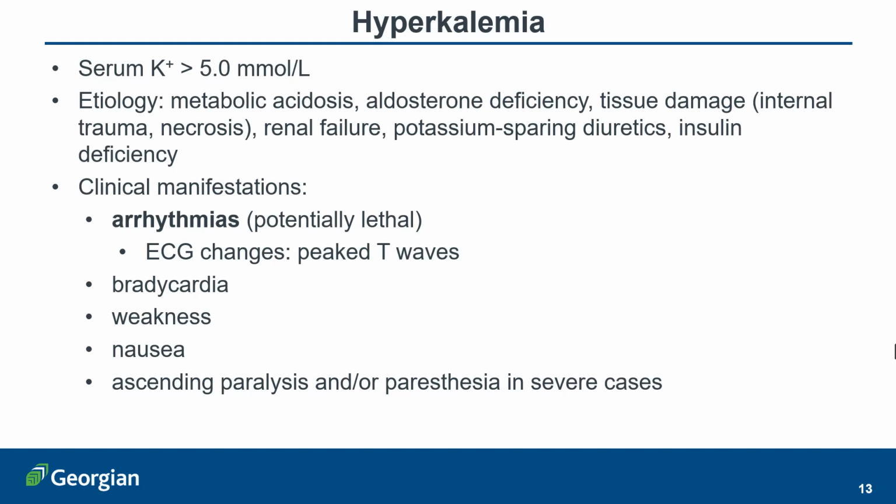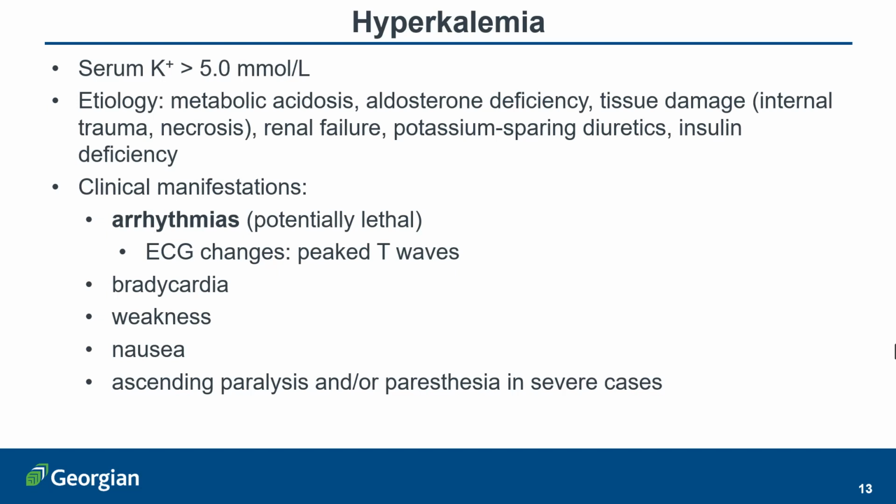The cells will take in the acid, but because you have to balance charges, they will push out a potassium. So this is the proton-potassium countertransporter. The cells take in H+ and push out a potassium, resulting in hyperkalemia.